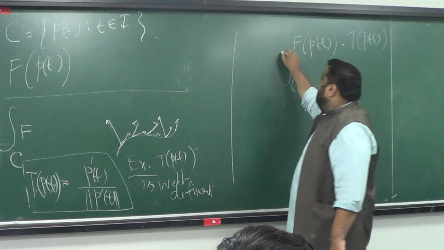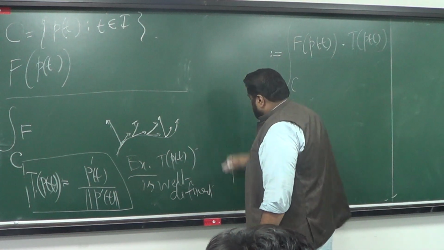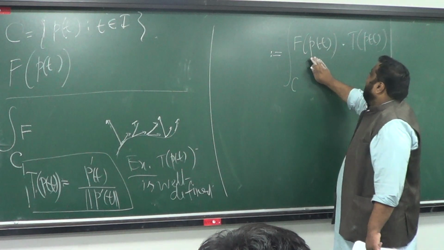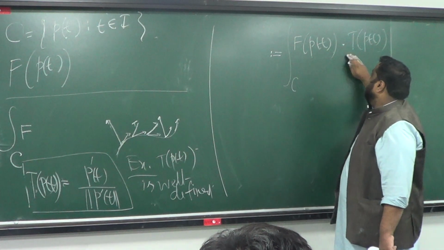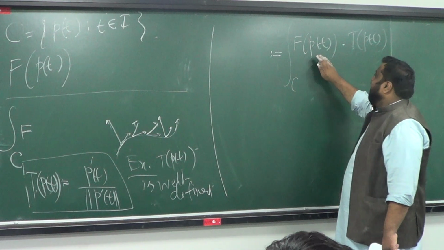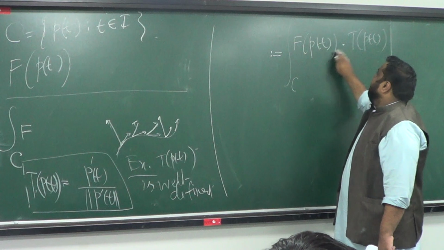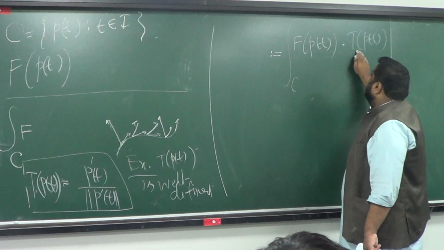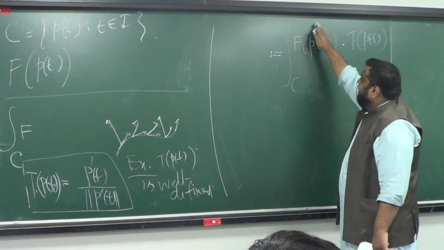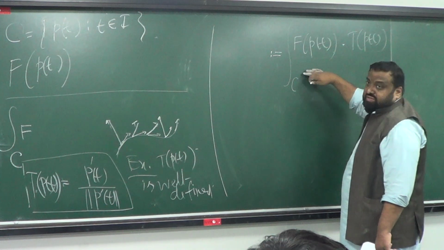See, so this integral of this scalar field, which is the dot product of f with the tangent, in other words, how much of f is going in the direction of the tangent vector, and you would like to basically have this on the entire curve C actually.